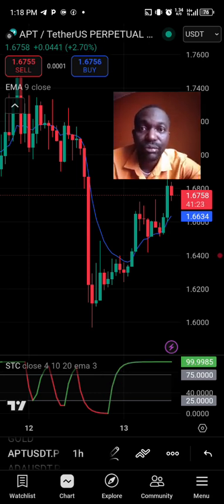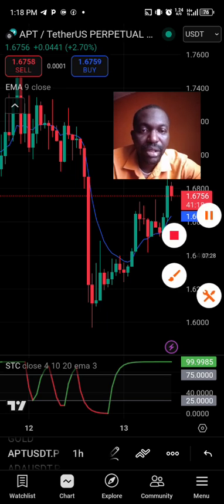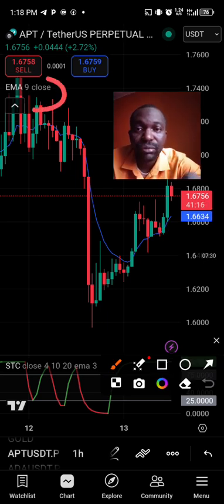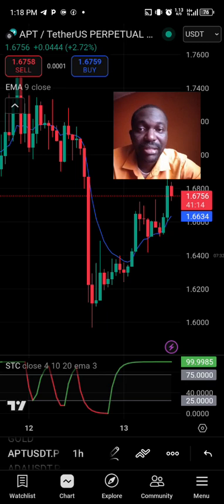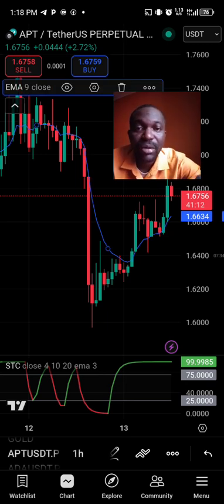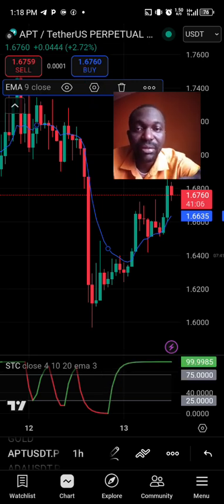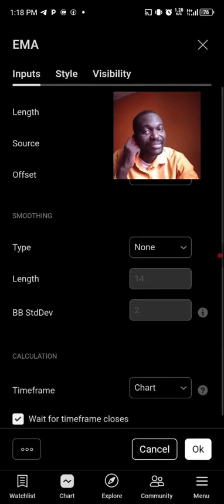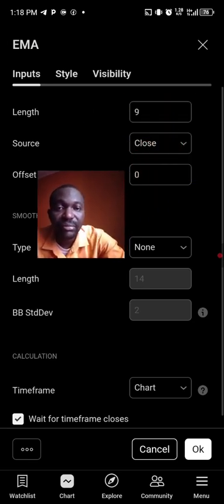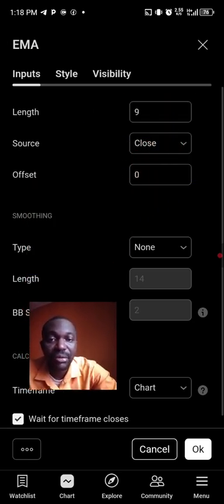Okay, so we're going to come here and select that, and then select the setting icon right there. Okay, you can see some figures now.